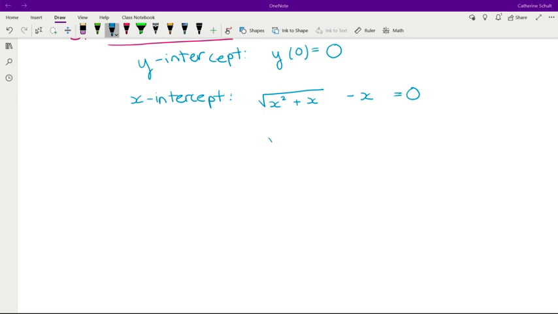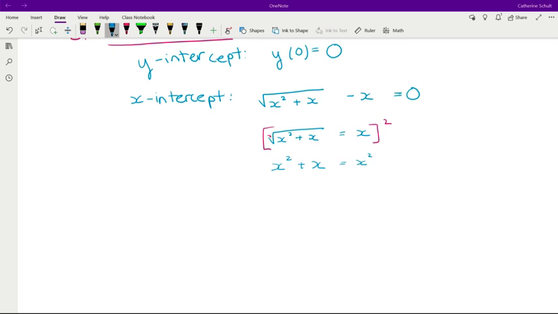So let's add x to both sides. And then we square, or if it was the cubed root, we would cube, right? Whatever the index is, that's what we raise it to. So since it's a square root, we're going to square it. That's going to get rid of the square root. And now that's equal to x squared.